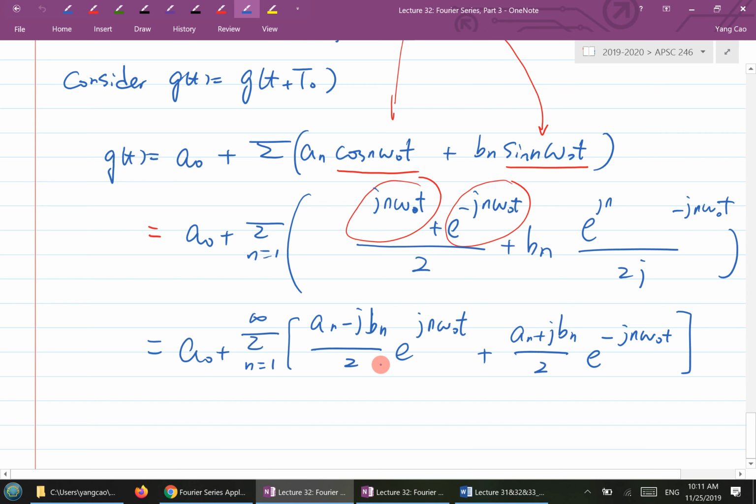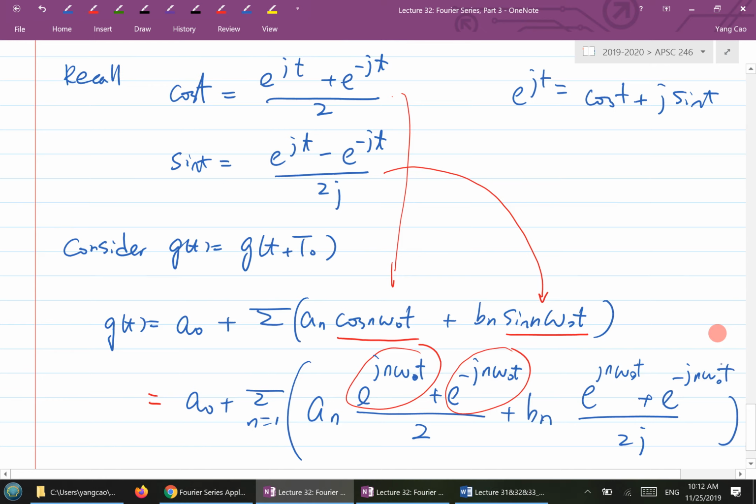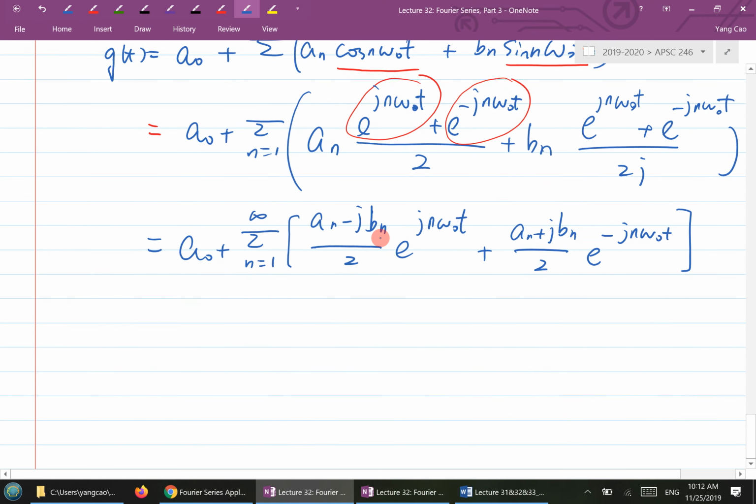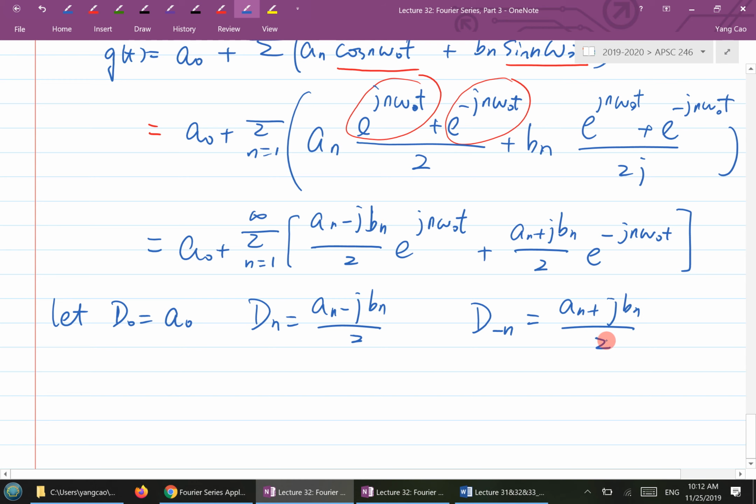So far so good? From here, I'm going to let d naught equal to a naught, dn equal to the first coefficient, and d negative n equal to the second coefficient here.